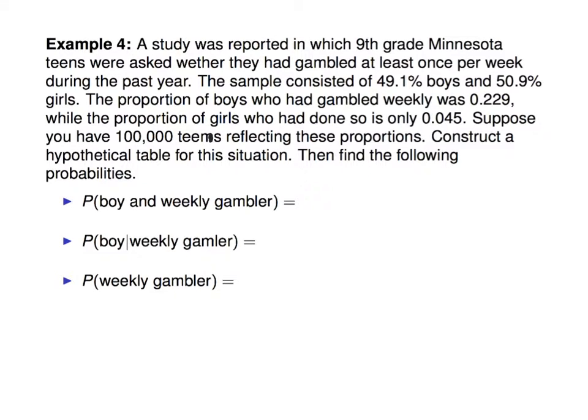So 1,000 teens. I'm going to make a new slide and go back to this and then fill in the probabilities in a second. So, big old table. We have boy, girl, and then we have gamble and don't.